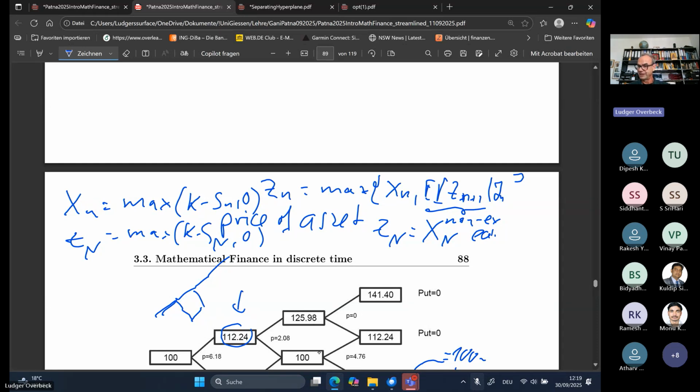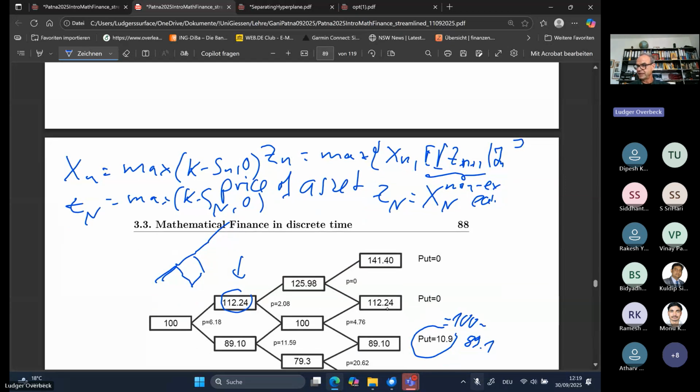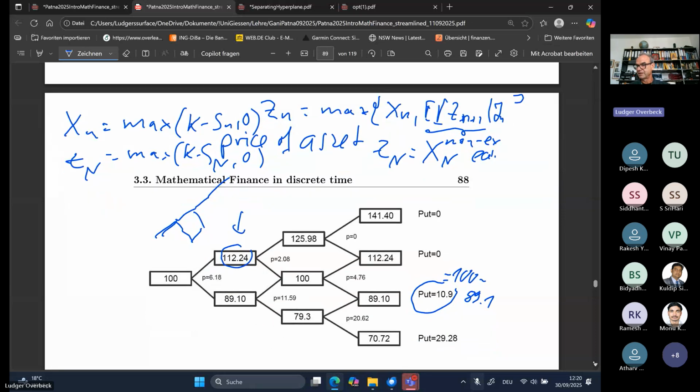Okay, here it's different. Here you pay out. If you say now, yes, I want to execute, it's again 0. But if you calculate the average price of this with P star times this one plus 1 minus P star times this one, you get 4.76. That's the value of the put option here.